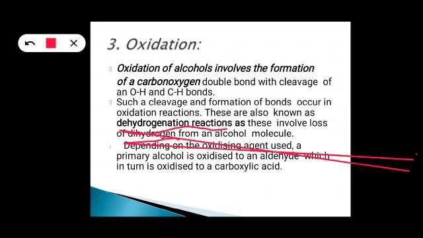That's why we call it dehydrogenation. Removal of hydrogen is known as a dehydrogenation reaction.